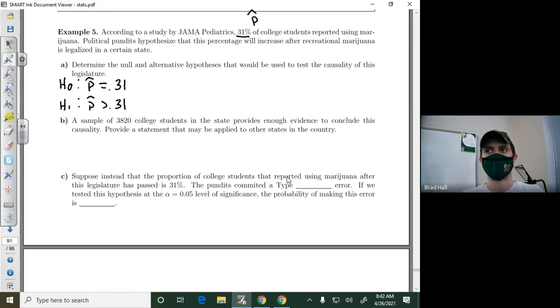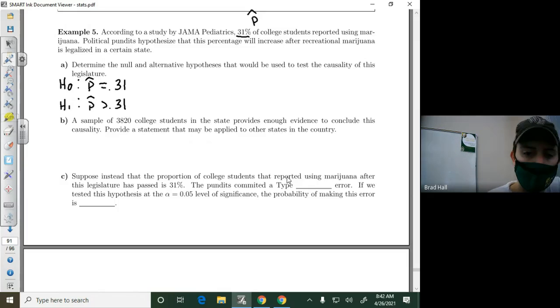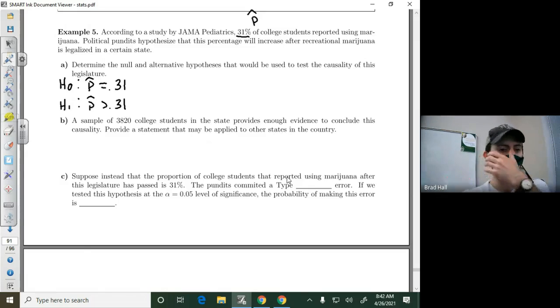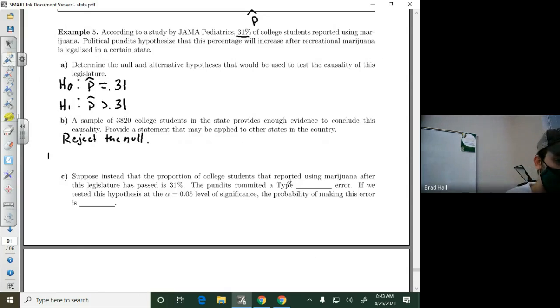So it's assuming that the alternative is true, which means you are rejecting the null. That whole sentence can be wrapped up as: reject the null, because you proved that the political pundits were correct. So assume their alternative hypothesis was in fact true. Then you could say there is sufficient evidence.